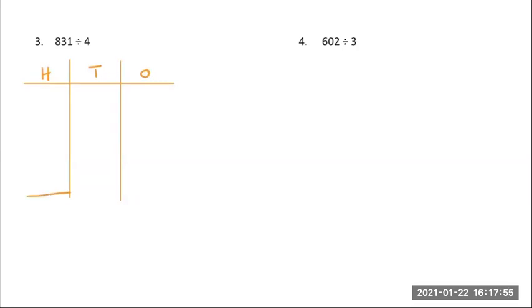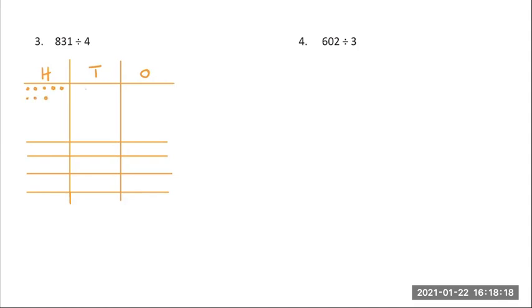I'm going to make 4 groups at the bottom because that's our divisor. Okay, our place value chart is a tad tiny, but we can make do. Okay, so we have 8. We're going to start with 8 in our hundreds place, 3 in our tens place, and 1 in our ones place.